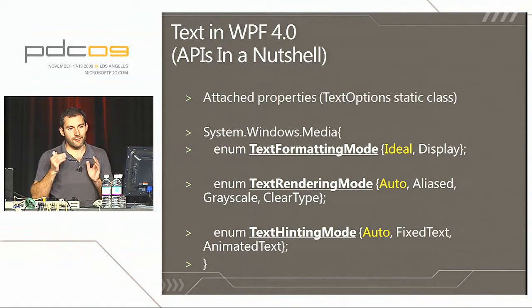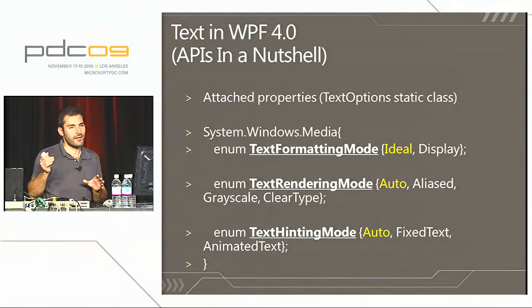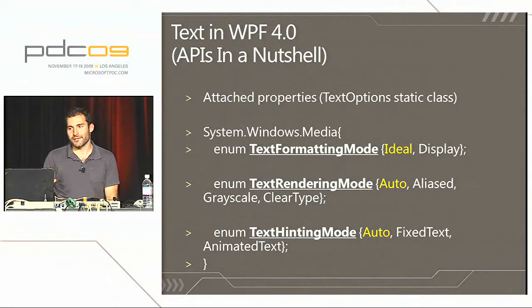If you're going to have a UI that's going to be scaling around, you'd probably want to use ideal width layout. If you're going to have a UI that has fixed text on the screen, the way 99% of applications actually are, you'd probably want display text formatting mode. Something to note about display mode is that, as I was saying, the bounding boxes of the glyphs don't scale linearly as you put a render transform on this text.